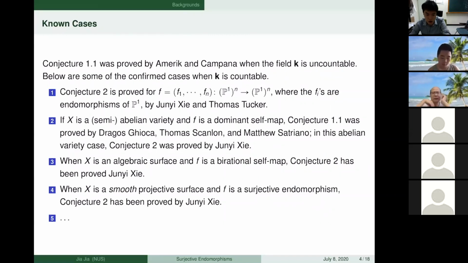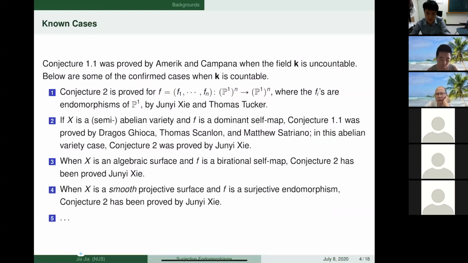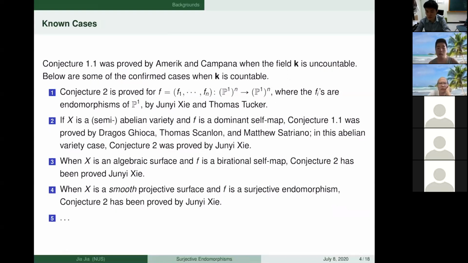In the case X is an abelian variety or semi-abelian variety, and F is a dominant rational map, conjecture 1.1 was proved by Ghioca, Scanlon, and Satriano. Also, in the abelian variety case, conjecture 2 was proved by Junyi Xie.